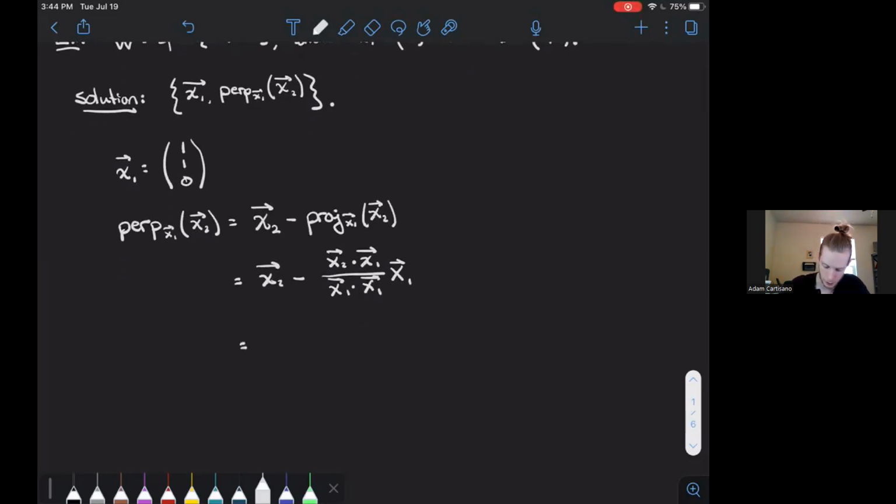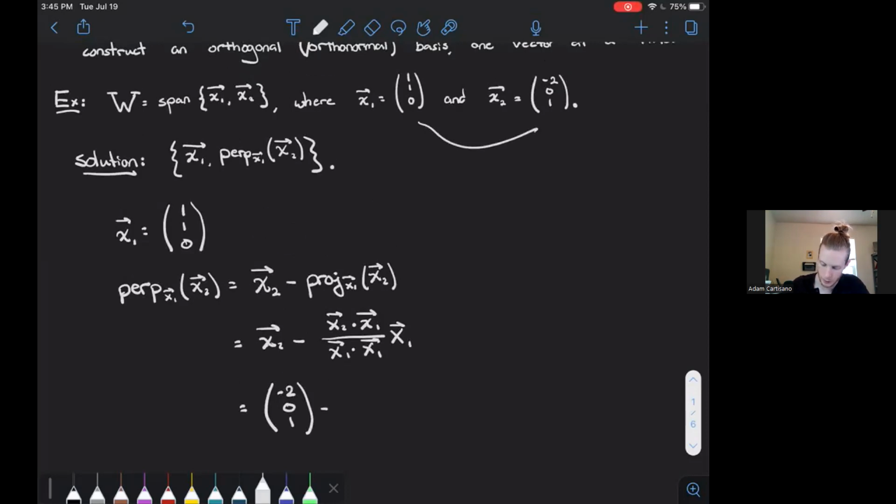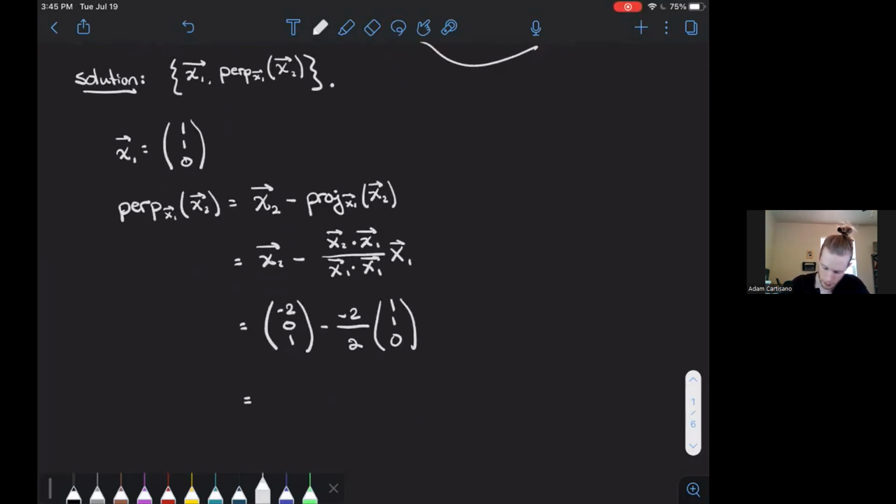Okay, and this is just a computation. x2 is (-2, 0, 1). x2 dot x1 is -2. x1 dot x1 is 2. And x1 is (1, 1, 0). So this is x2 minus (-2 over 2), which is just 1, times that vector.